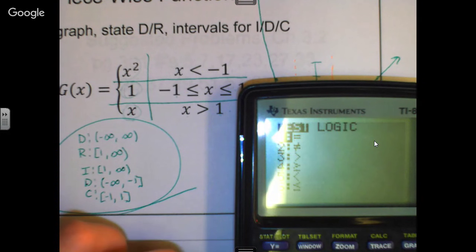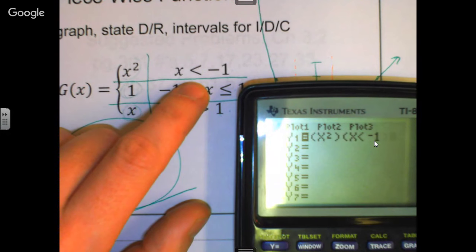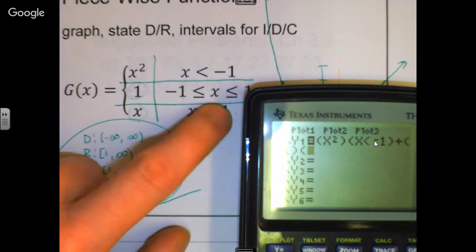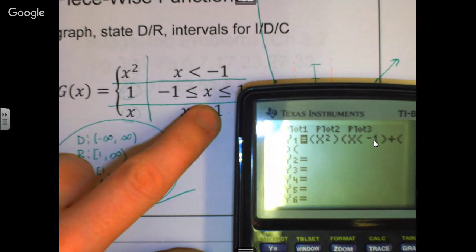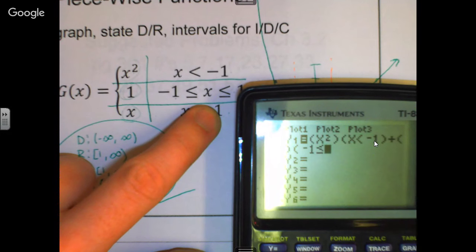We've got to find our x less than negative 1, plus 1, and then we've got to input this interval. So negative 1 less than or equal to x less than or equal to 1.